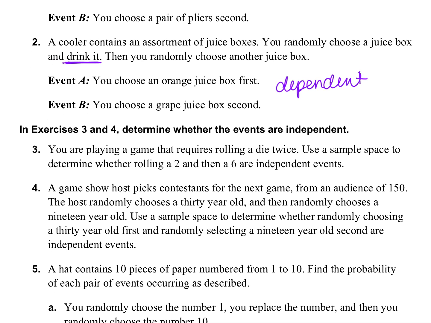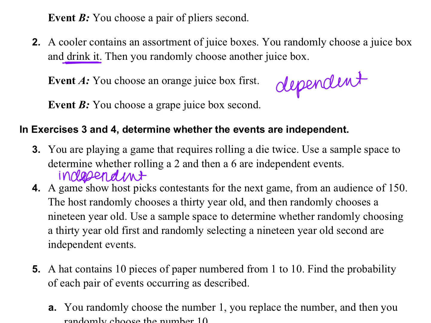Looking at 3 and 4, it says determine whether the event is independent. This one says you are playing a game that requires rolling a die twice. Use a sample space to determine whether rolling a 2 and then a 6 are independent events. Would this be independent or dependent? This one's independent. How do I know it's independent?